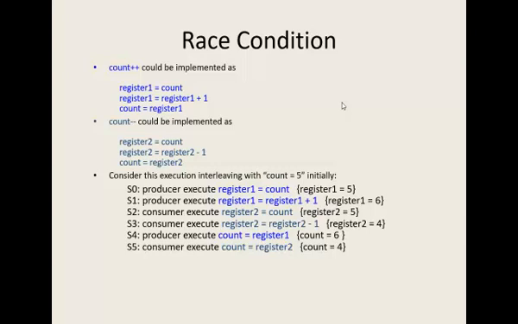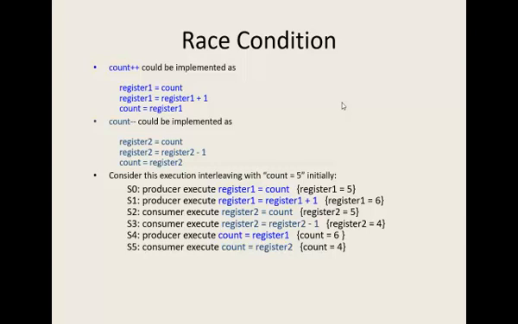Based on the sequence of S4 and S5, the final count will be determined, right? When the counter is 5, running the producer makes the count 6, and then when we run the consumer, the count is reduced by 1 and it is again 5.